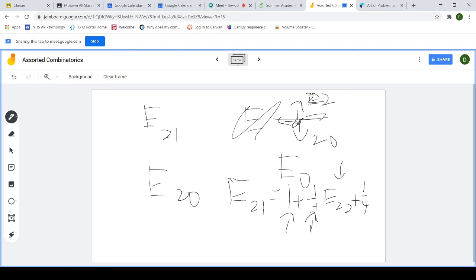And we also have 1/4 times E20, if he moves down. And then we have a 1/2 chance of staying at E21, so we multiply that by the expected number of jumps it takes to get to the river from y equals 21.